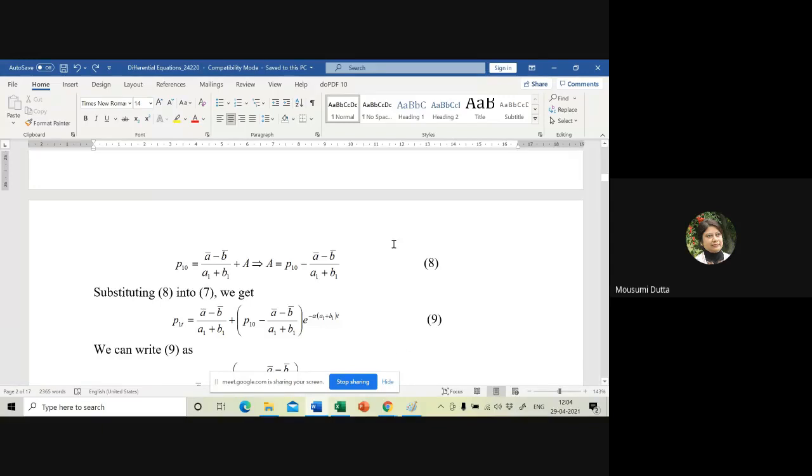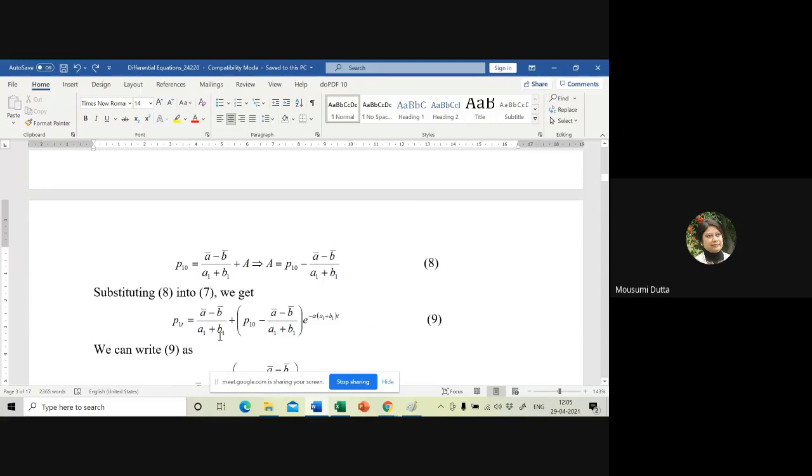That means he wants to say something regarding the element in the power. Alpha into A1 plus B1 should be greater than 0. He is telling that. Now look at this equation, equation number 9. This equation number 9 can be rewritten as P1T is equal to A bar minus B bar by A1 plus B1.